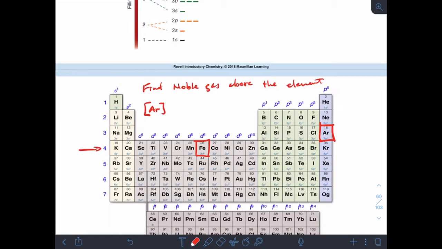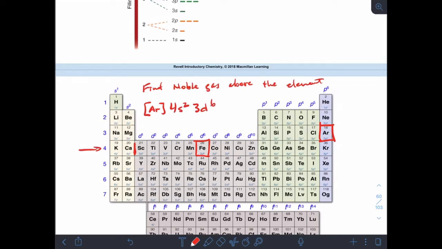So I'm going to list left to right. So I have 4s1, 4s2 at calcium. So when I get to an s2, I list it. And then when I get to the d's, remember the d's drop down a number. So when I hit the d's, now I'm at 3d. And iron is living at 3d6.